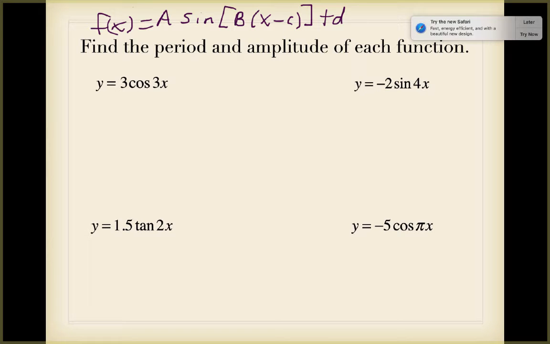With the functions we have here, they are not as complicated as the formula that was given on the previous slide or what I just wrote on the top of this slide. But it does help us, if we remember this, what's going on with each of these.